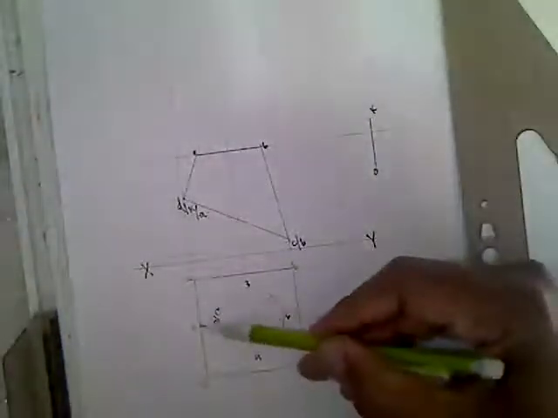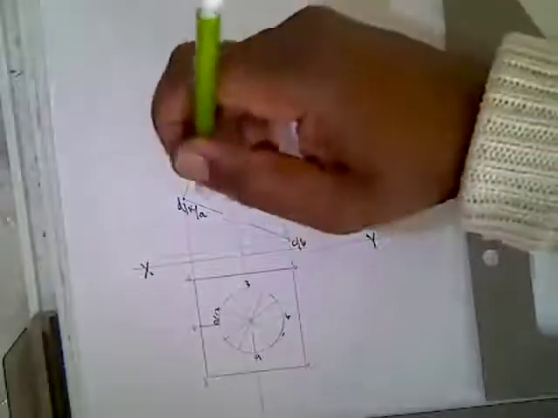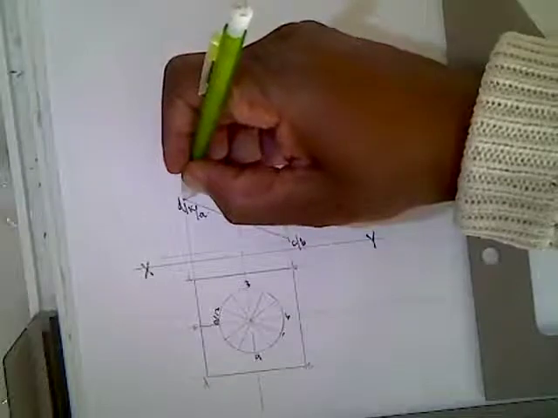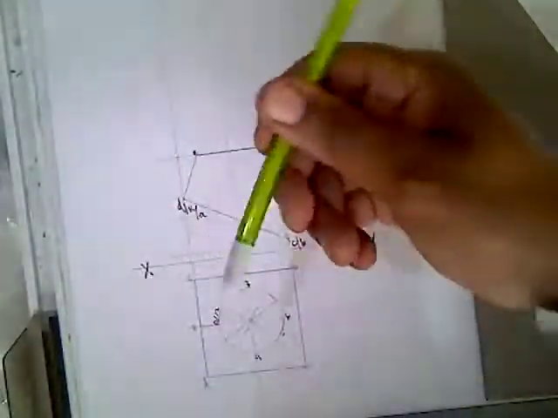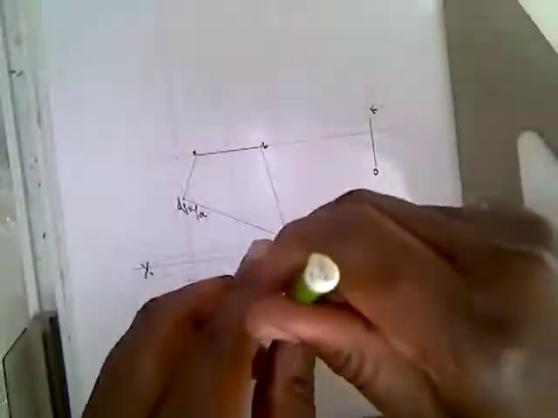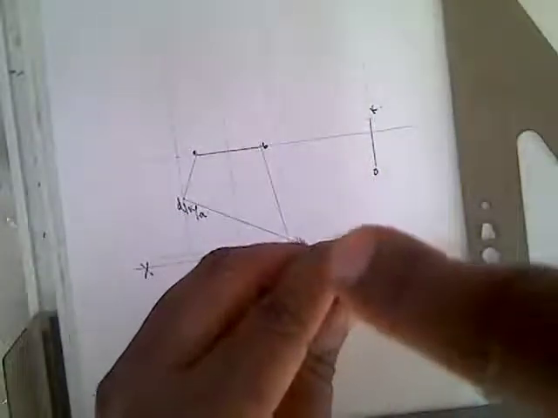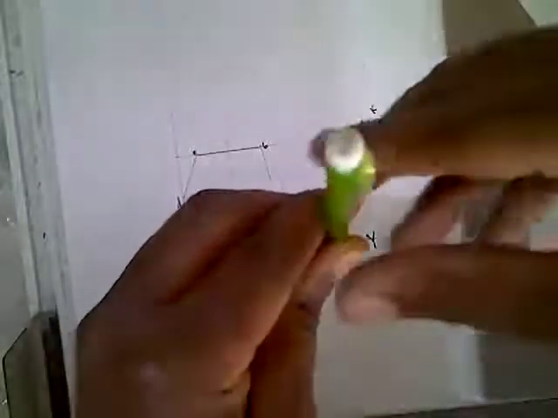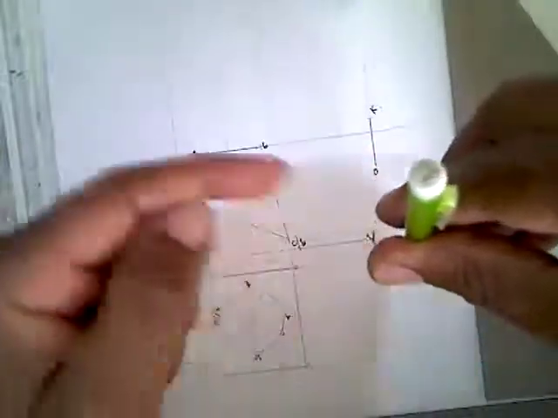Now I must move from K to A. Look, K is here and A is also here. This is a point view. If you are looking at a point view, like my pen here, when I look at it from here, my pencil, it's a point view. So I am seeing B and A at the bottom there at a point view, which means the person looking at the other view is seeing the true length.